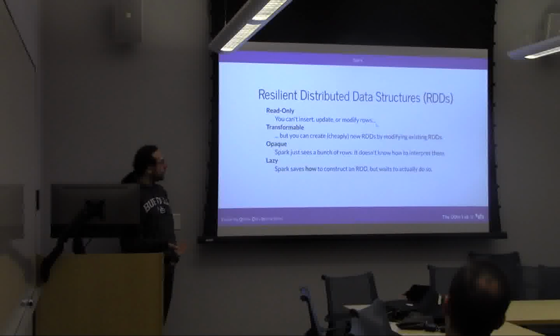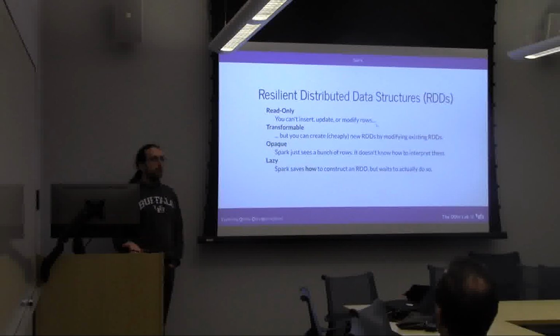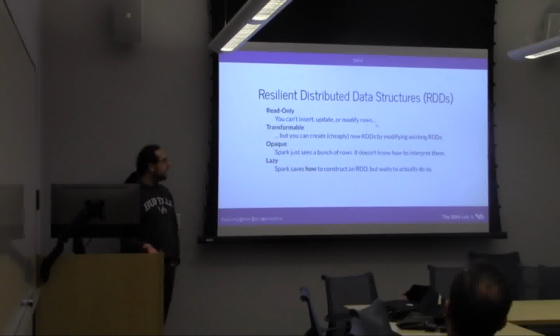You can think of the transformations as building views in a database. As you write more and more code, you build a more and more complex view, and then as soon as you actually want to access the content of the view, that's when Spark goes out, sends the query to the cluster or to your local machine, and actually runs it.